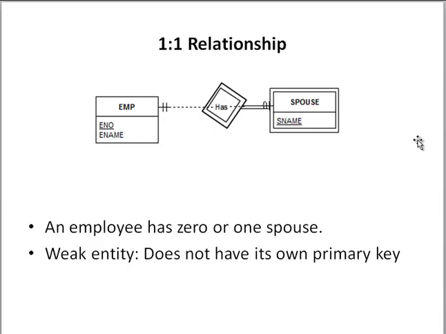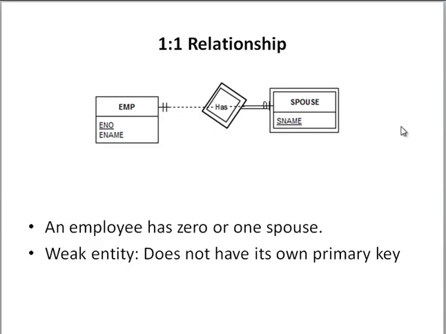Notice that spouse, gee, I underlined this, so it does show that it has a primary key, but we shouldn't interpret that as a primary key, because if spouse can't stand alone, where the name is the identifier, of course we all know that different people can have the same name, so a name does not uniquely identify the spouse.